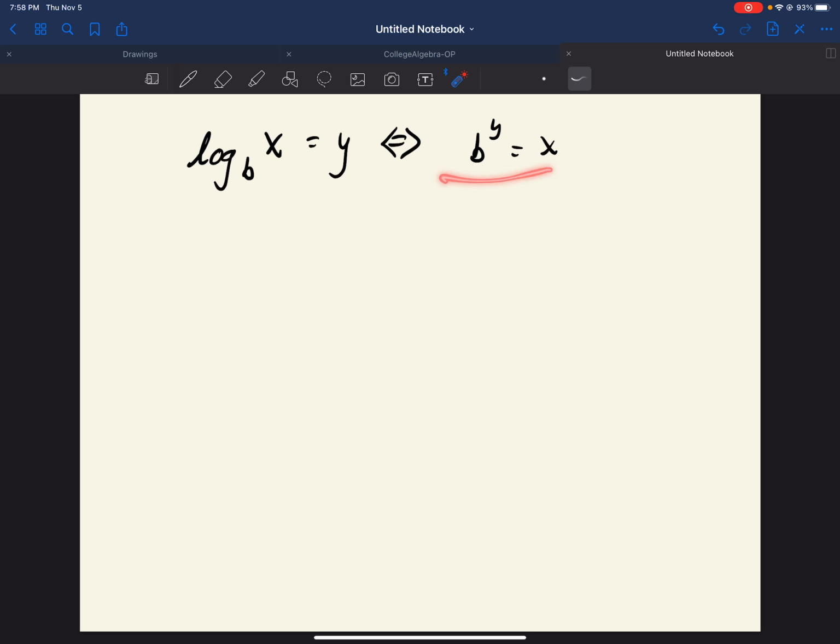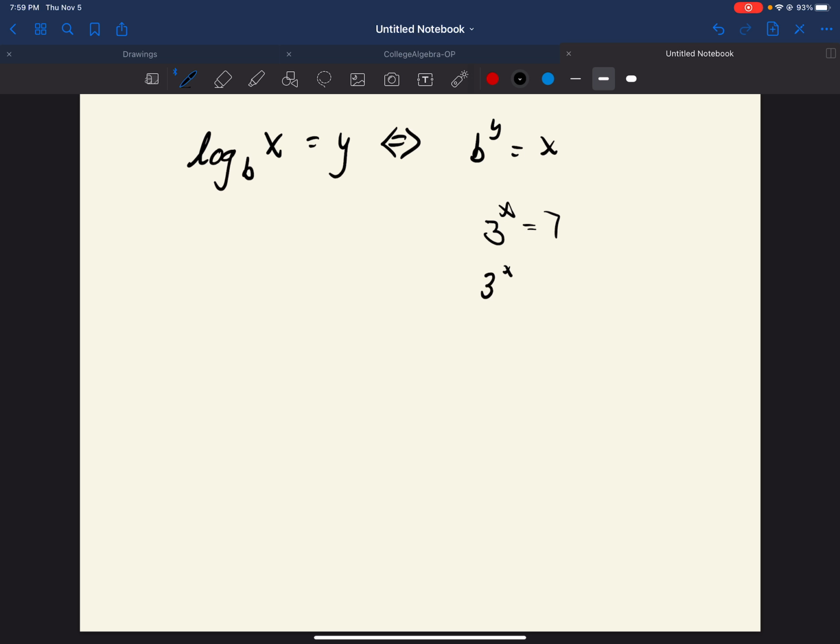Notice over here, the exponent is y. And so if you were asking the question, b to what power is, well, let's say this. Let's say you want to know 3 to what power is 7. That's a hard problem. I don't know the answer to it right off my head.